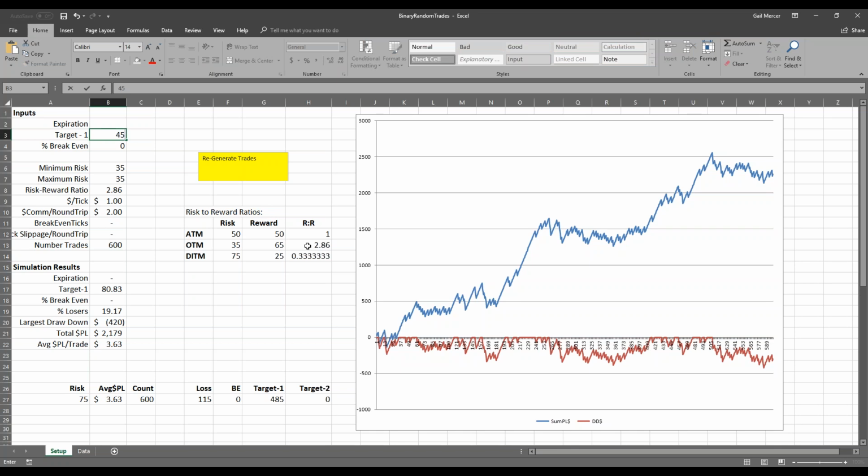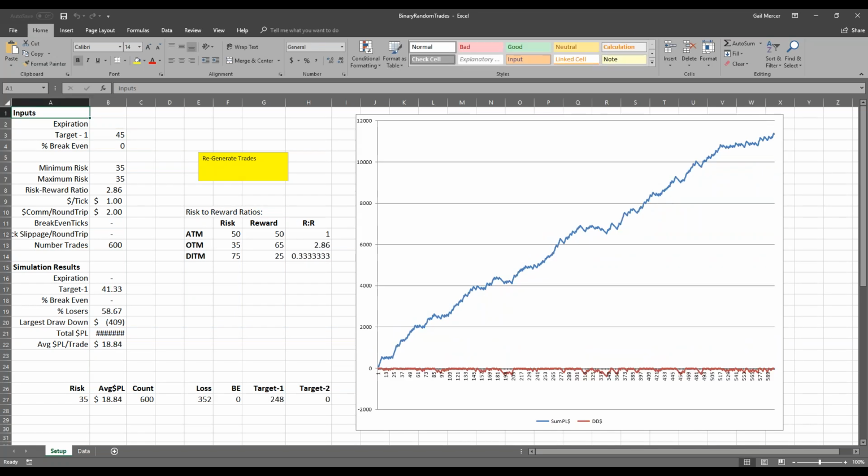Because our risk to reward is double. If we're risking 35 but we're making 65, that's the difference. And this is at 45% profitable. Does everybody understand that?